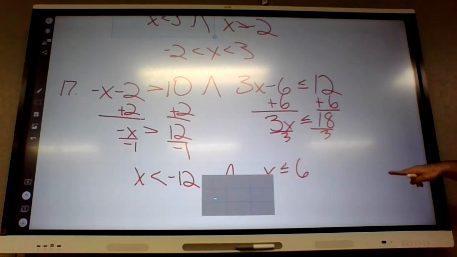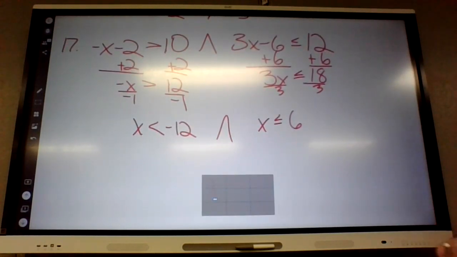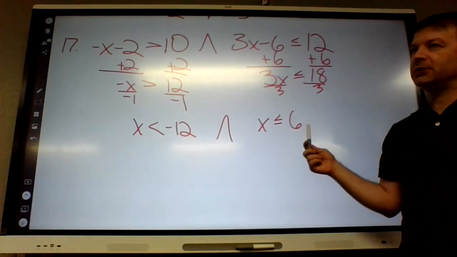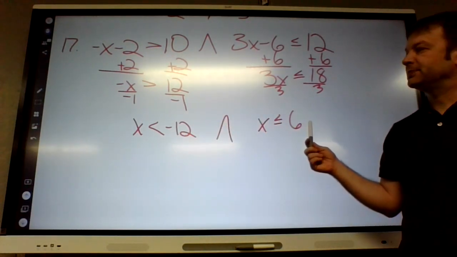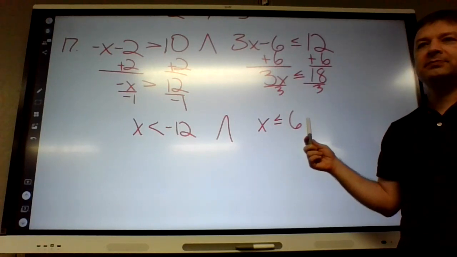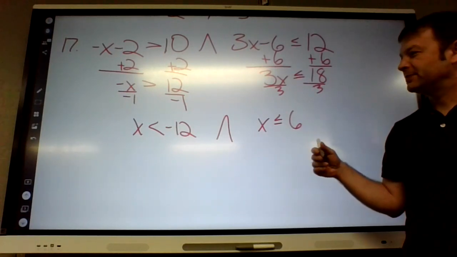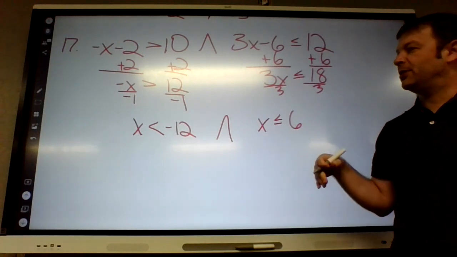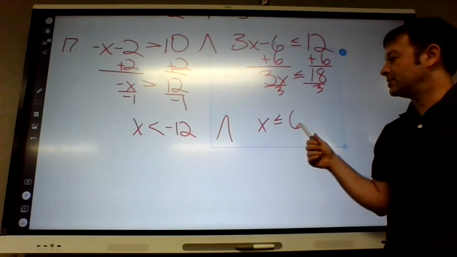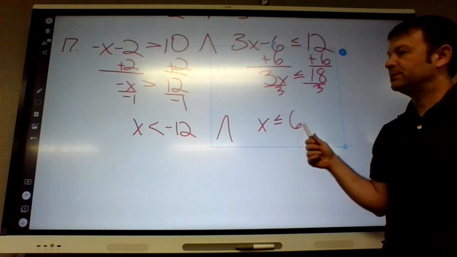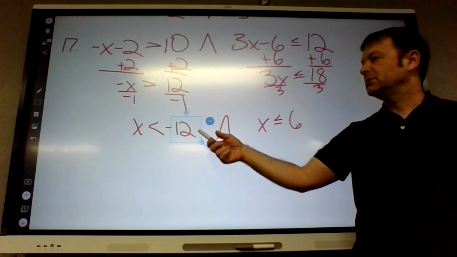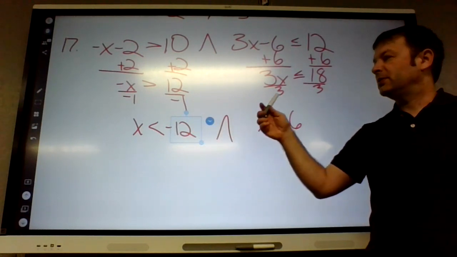This one might confuse you guys. What numbers are less than -12 and less than 6? None. Is, I don't know, let's say is 0 less than -12 and less than or equal to 6? No. 0 is not less than -12. X is less than negative. Right.